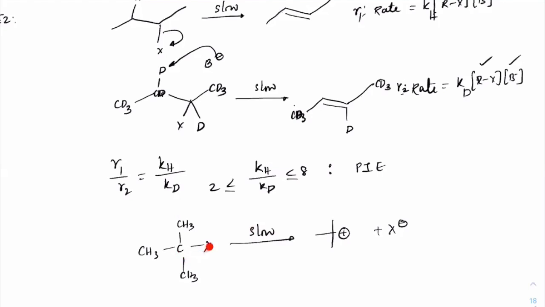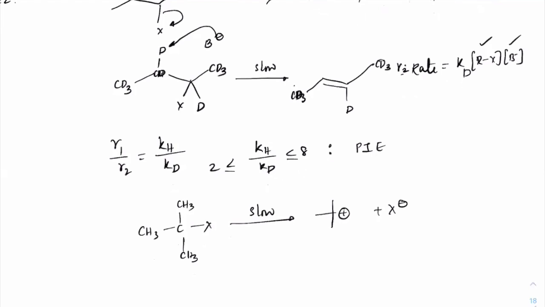So if carbon-hydrogen bond is not breaking during the slow step, we usually find KH by KD less than 2. So the change in the rate would be very less. Then we say this mechanism is going through secondary isotopic effect.